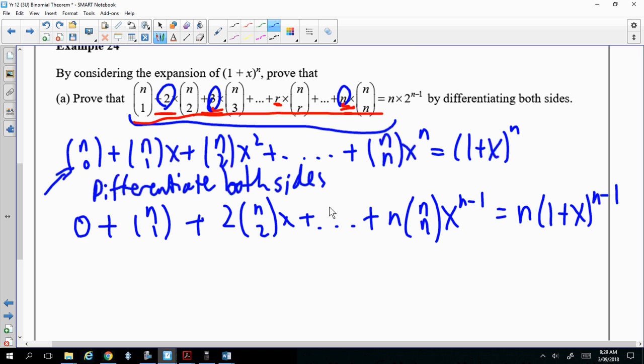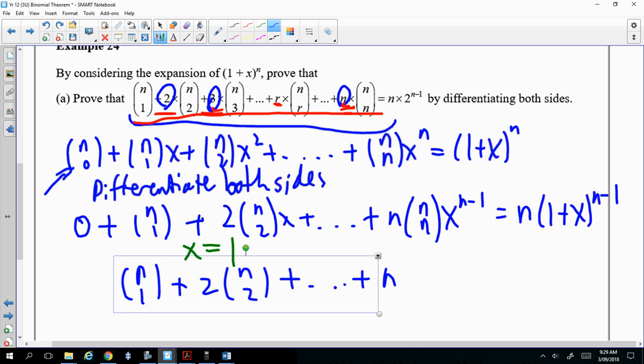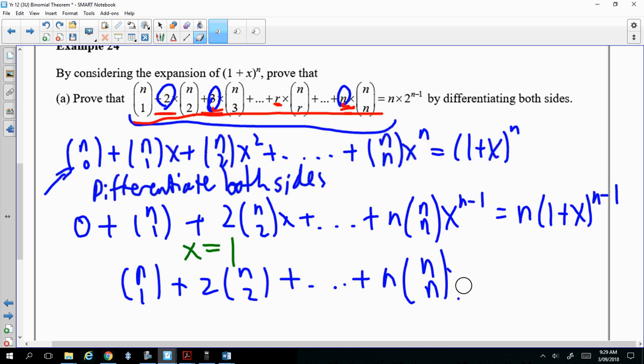When you substitute 1, 1 to power anything is 1, so that's gone. And you get n times (1 + 1) to power n minus 1, which is 2. Okay, so you get n times 2 to power n minus 1, which is the result.